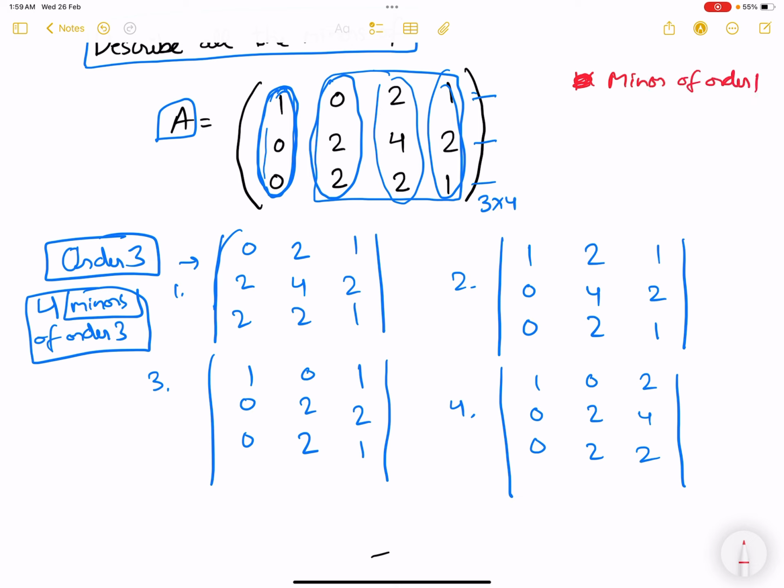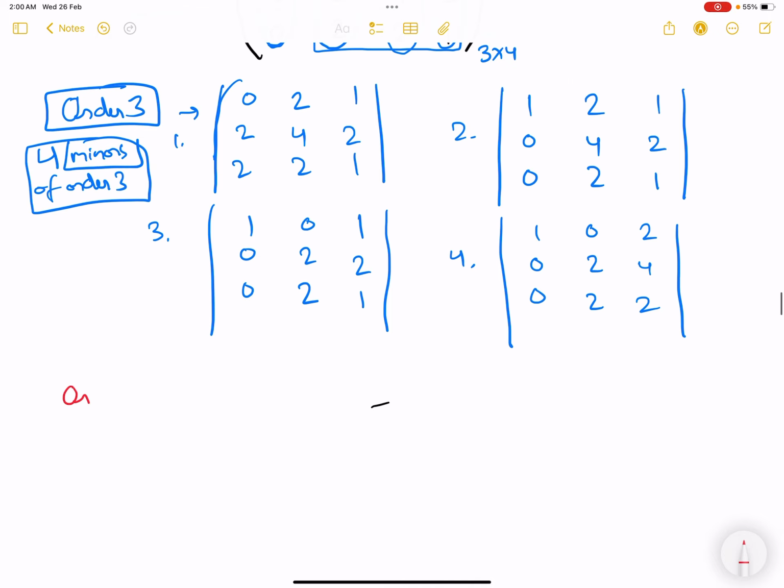So basically one row and one column. All these are minors of order 1. So we have 12 minors of order 1. Now if we are talking about minors of order 2.